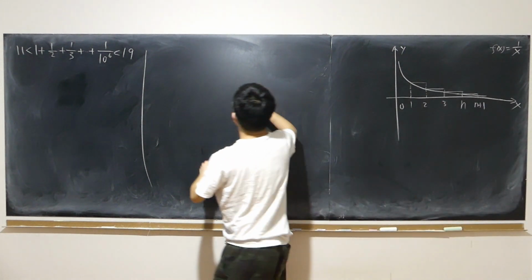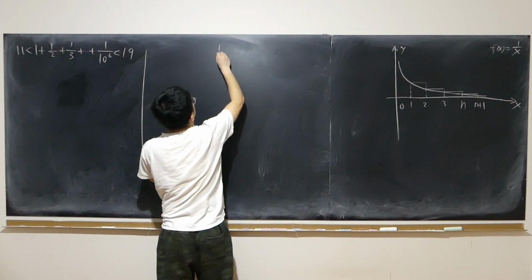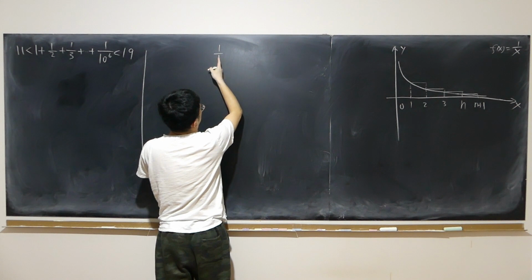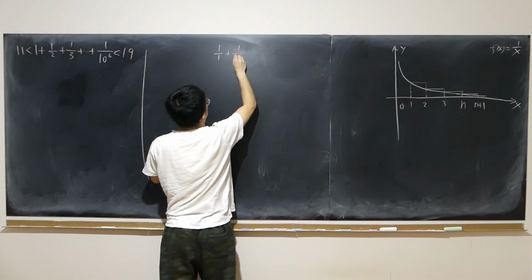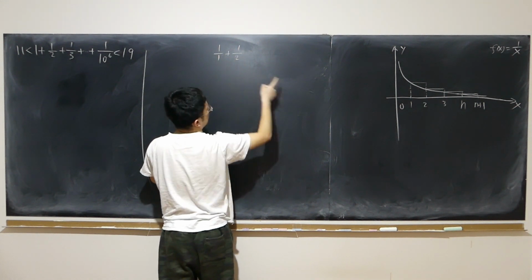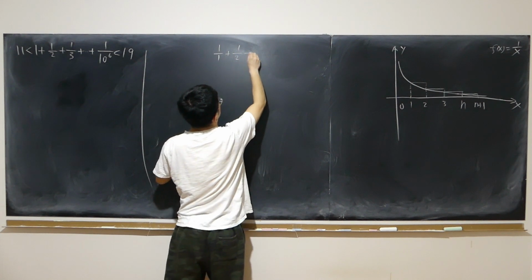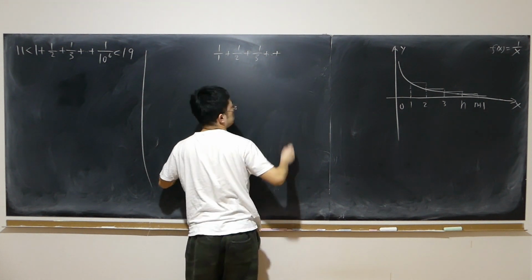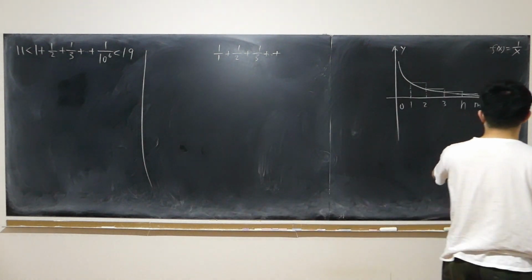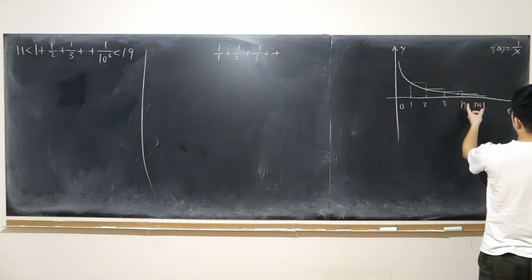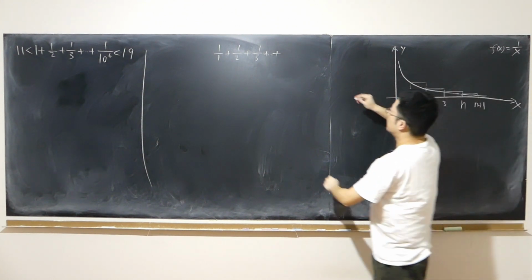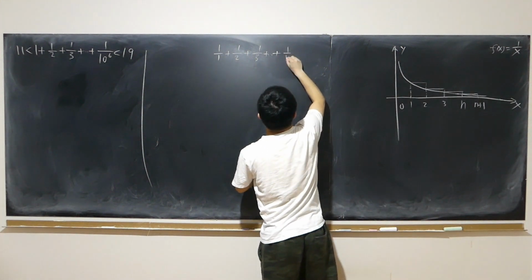So that is 1 over 1, the height of the first rectangle, times 1, plus 1 over 2, the height of the second rectangle, times 1. Likewise, plus 1/3 plus, up to the last rectangle, with left edge n, f of n is 1 over n times 1.